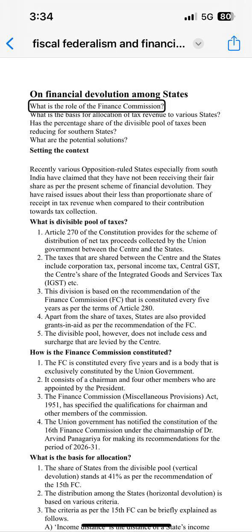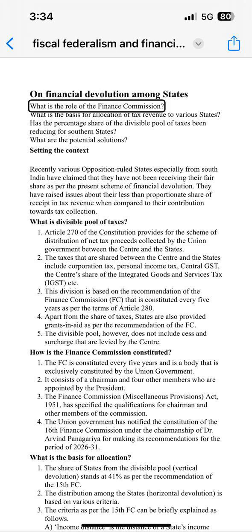So there are principles and formulas laid down by the Finance Commission. So now, what is the basis for the devolution of the tax revenues to the states by the center? How does the center allocate the net tax revenue with the states, right?